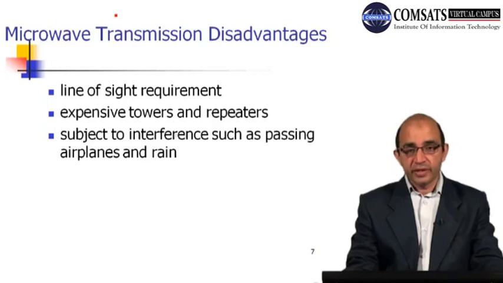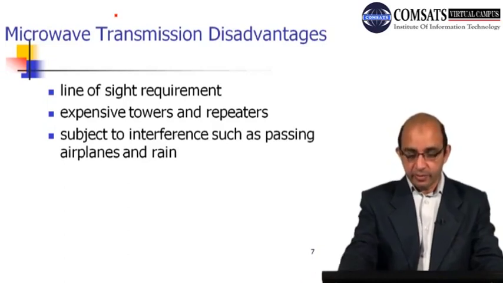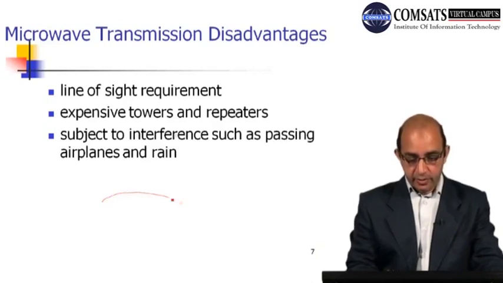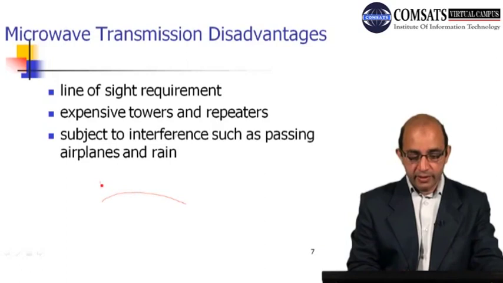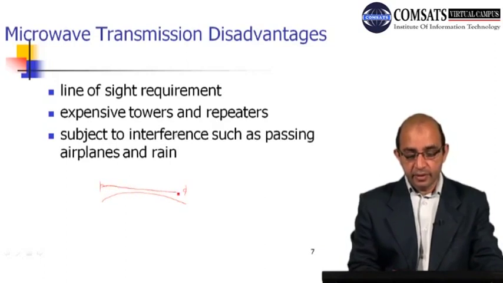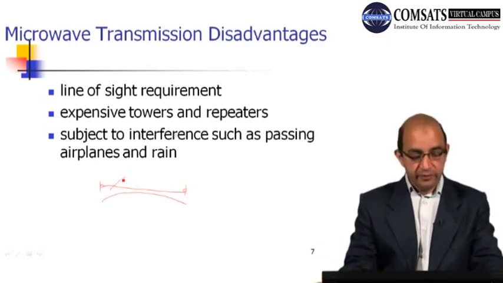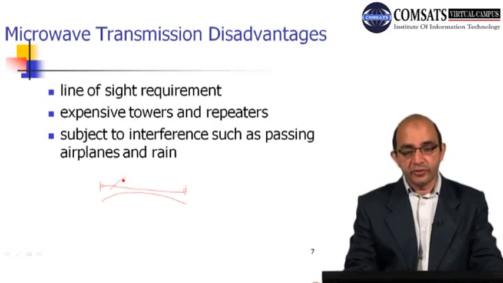So there can be interference, right? For example, if we have a scenario like this, the two antennas that are being aligned, and there is an object passing by. For example, there can be an aeroplane, or there can be a bird that is passing, or sometimes heavy rain can also produce an interference.